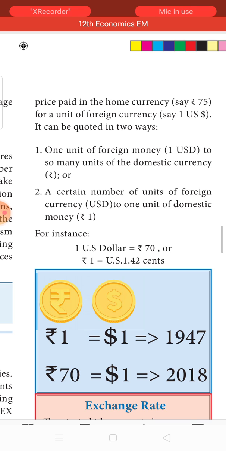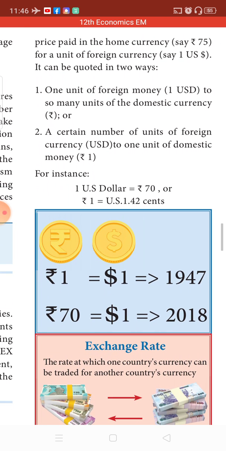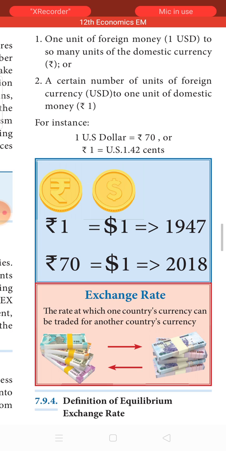In other words, 1 unit of foreign money, that is 1 US dollar, is equal to how much Indian domestic currency, or else how many US dollars are equal to 1 unit of rupee. Either way, it is correct. That is, how many rupees I should spend to buy 1 US dollar, or how many US dollars should be spent to get 1 rupee. Both mean the same. For instance, 1 US dollar is approximately 70 rupees.